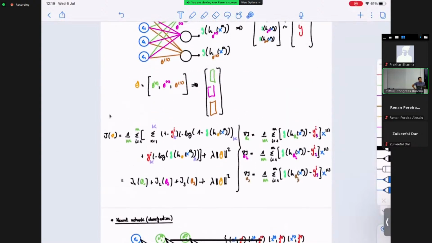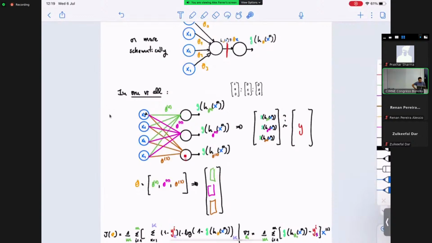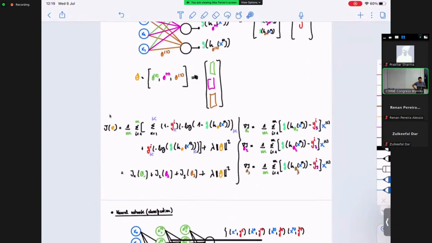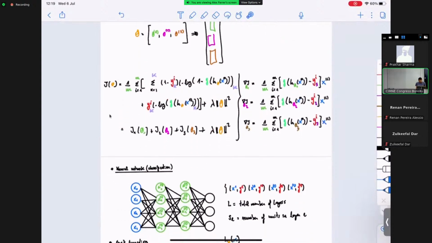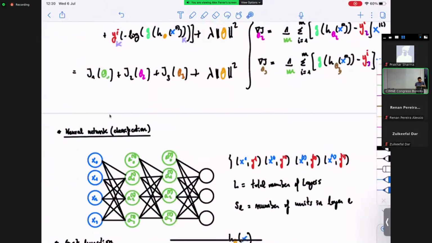So I think this is what we are going to do today. We're going to do a multi-classification example. We will extend the code, but instead of doing it for one output, we are going to have many outputs. We will also use gradients, and I think also stochastic gradients today.